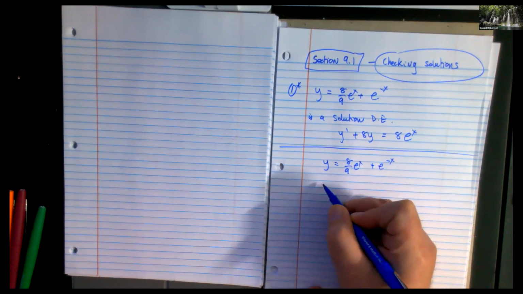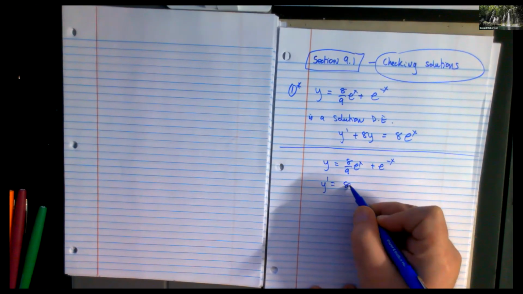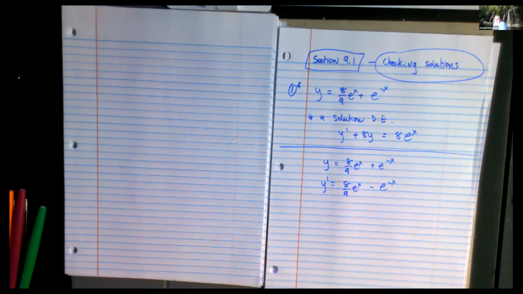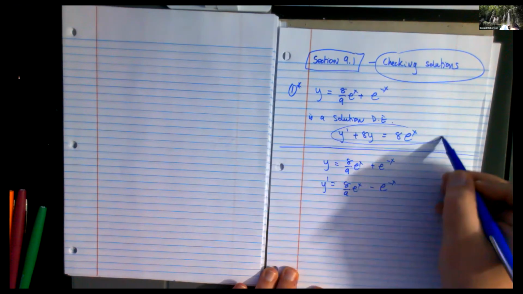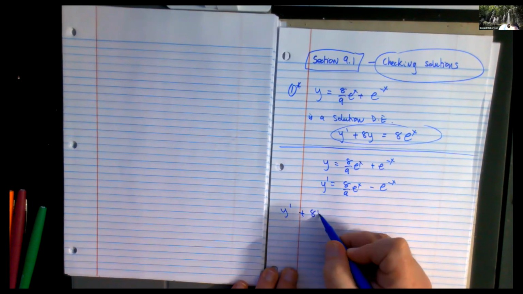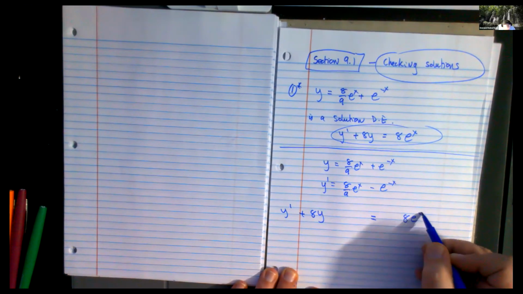If you find his derivative, so we're differentiating, not an awful lot happens, but are you okay with the derivative? So I'm now going to take this fella and see what we get. So the first derivative plus 8 times what y is should equal this fella if it's going to work.